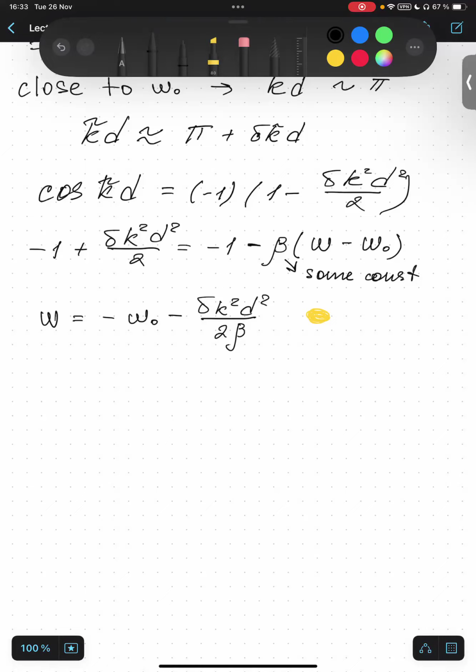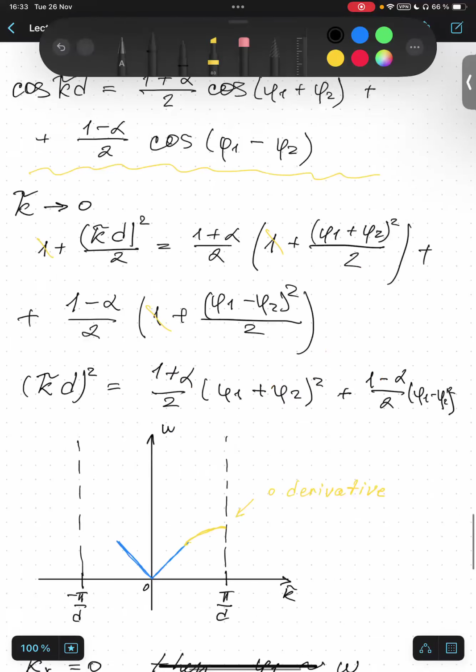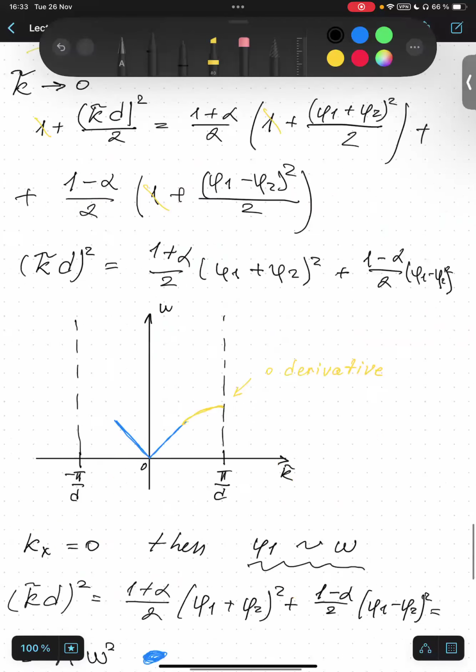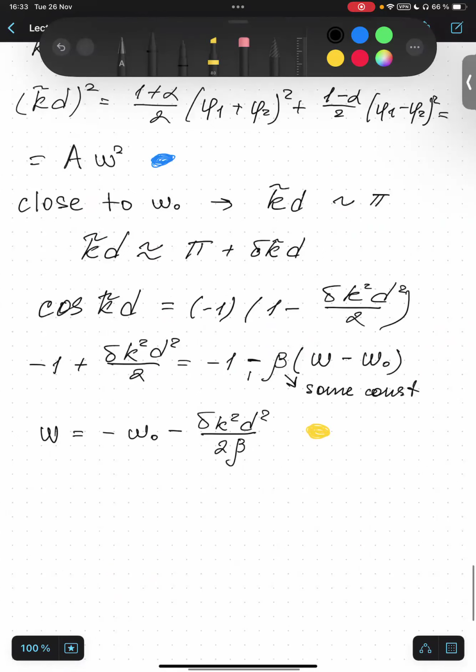But in the other point, for example, we studied this point, but maybe someone wants to study this point, we will have the positive slope. So here we will have plus beta, and it will mean that it behaves like a particle with positive mass.